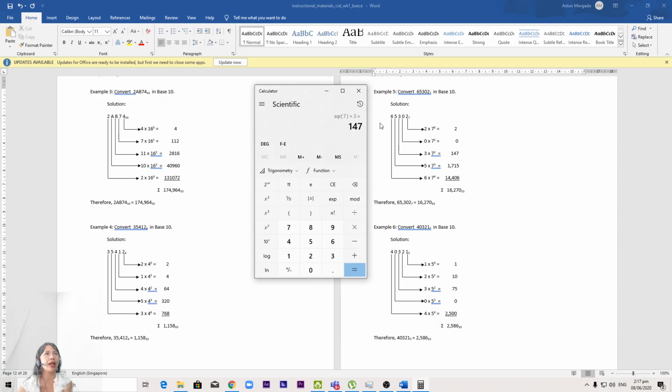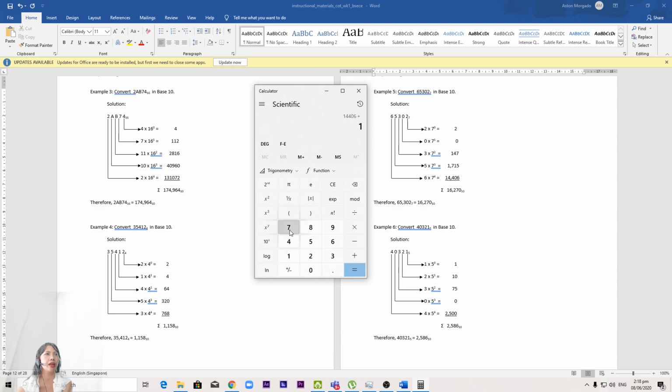Then 5 times 7 cube is 1715. And last we have 6 times 7 to the 4th. 7 to the 4th times 6 is 14,406. Then get the sum.